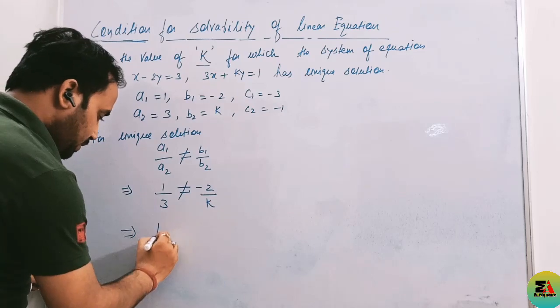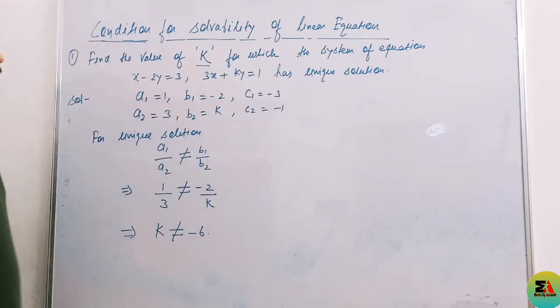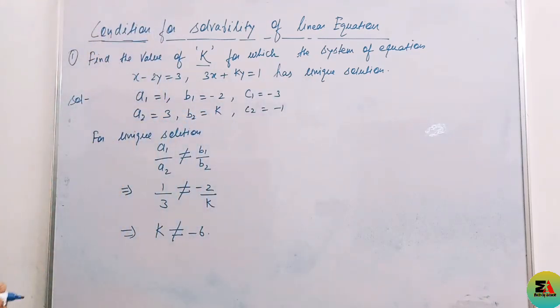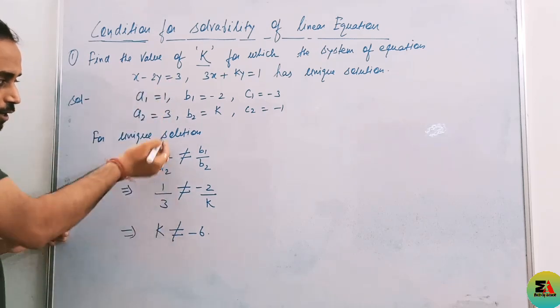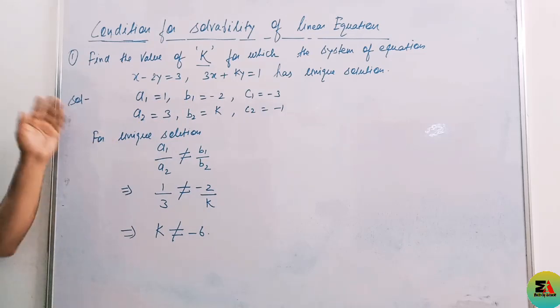Now cross multiply, this becomes k is not equal to minus 6 for a unique solution. I hope this one is clear to you. We just have to substitute the coefficients of the given equations in the given conditions. Clear?